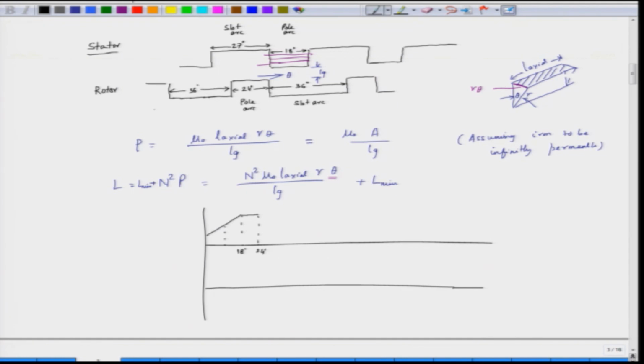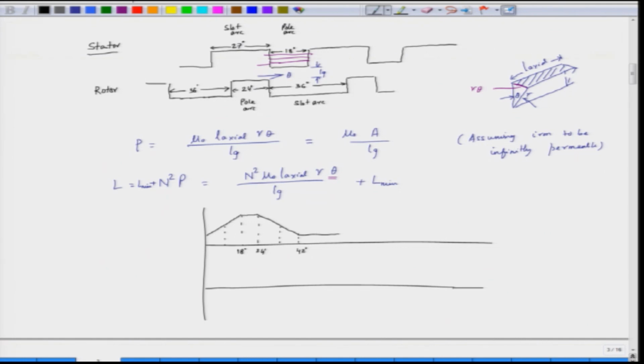So, for a further 18 degrees this will gradually go on decreasing. So, 24 plus 18 will be 42 degrees.